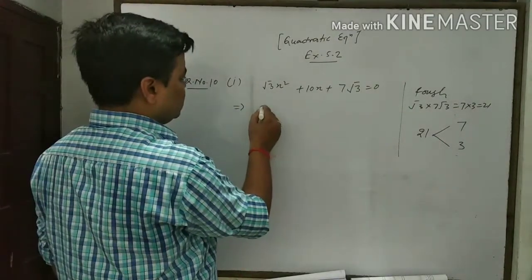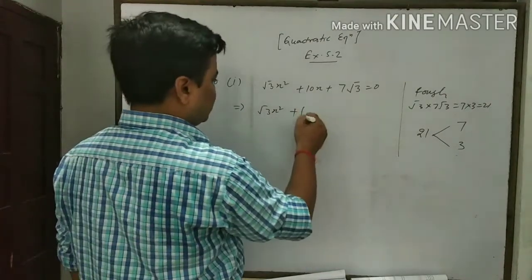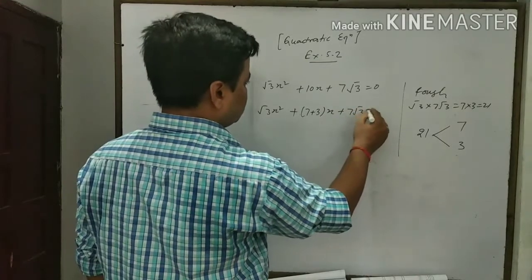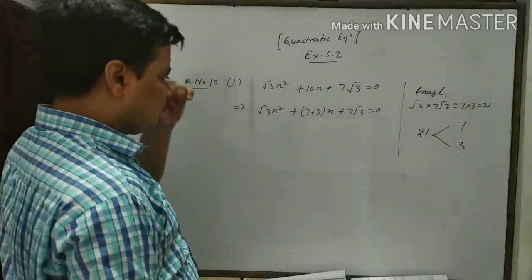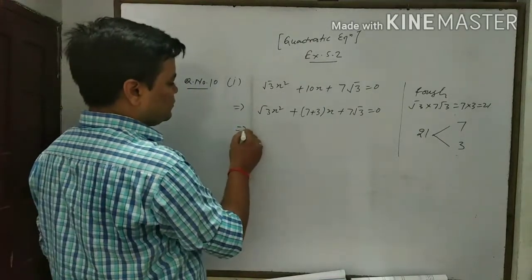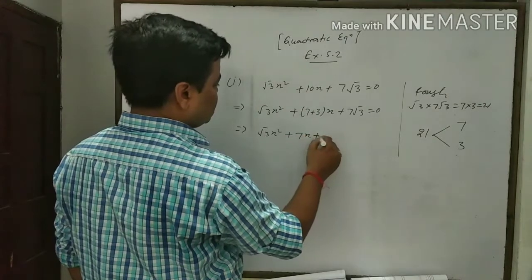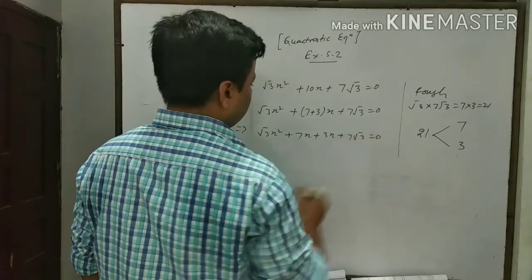So here it will be root 3 x square plus, in place of 10x we can write 7x plus 3x plus 7 root 3 is equal to 0.